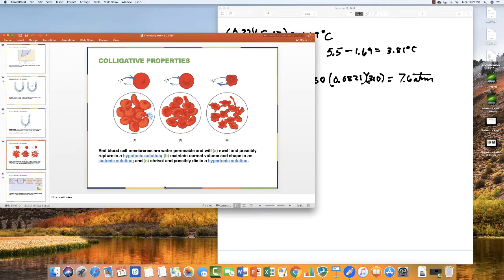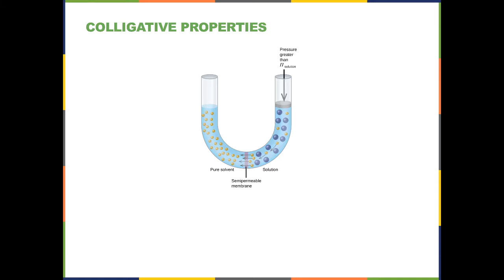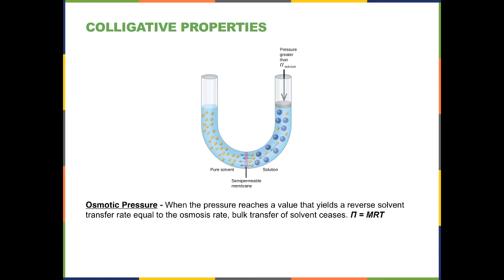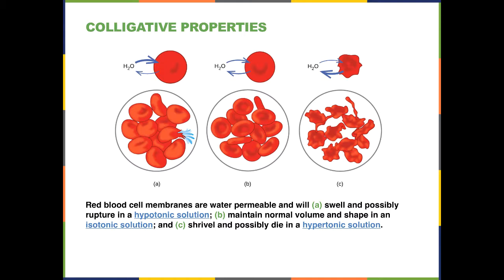Now this is important in many situations, and just one of these situations is shown in this slide right here. What we have is the effect of osmosis on red blood cells. And red blood cells, as it turns out, are semi-permeable membranes that allow the transfer of water, but not many of the larger molecules.